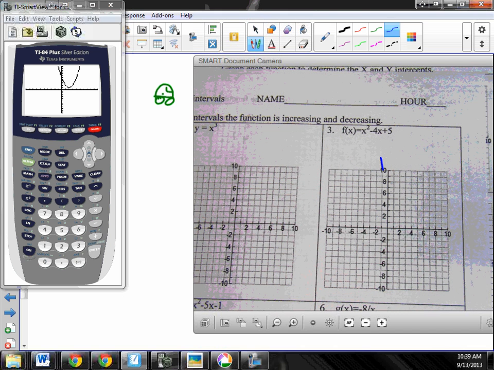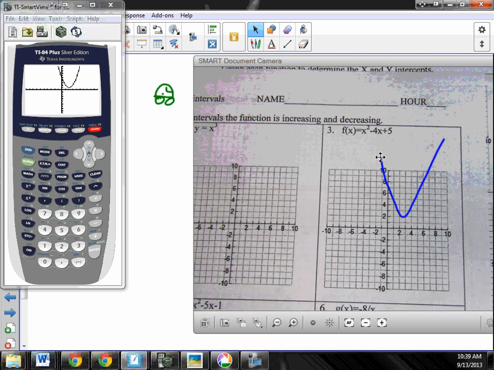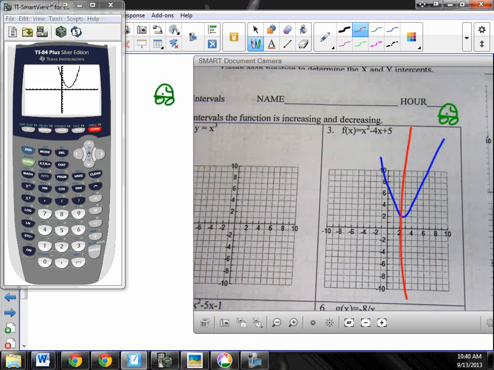So looks something like that. So if I were to travel on this graph, I were to drive down that mountain, and then I'd hit the bottom, and then I'd start driving up. So we're going to break this into two parts. The part on the left is a decrease, and the part on the right is an increase.